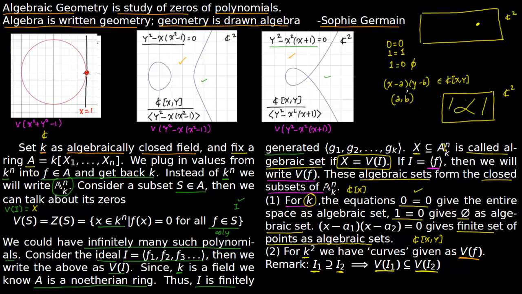So there is only one point left. If you increase the number of polynomials, the vanishing set will decrease. If you have an ideal which contains a smaller ideal, it has more polynomials, and therefore the vanishing set has decreased. So there is an inclusion reversal, and this is important to keep in mind.